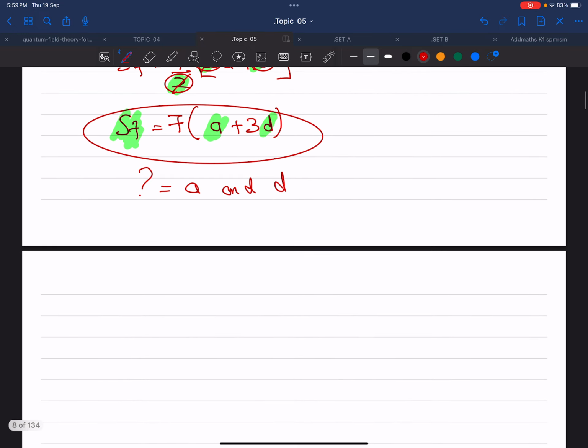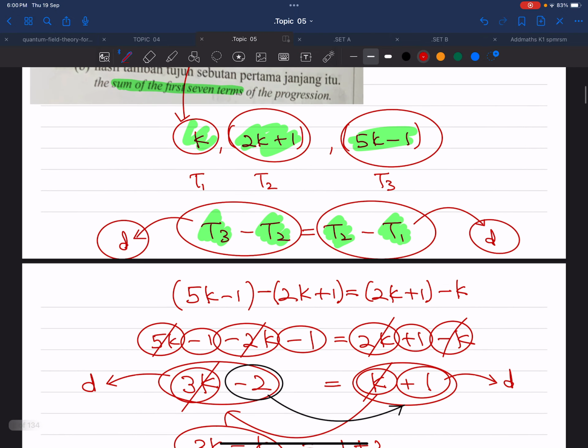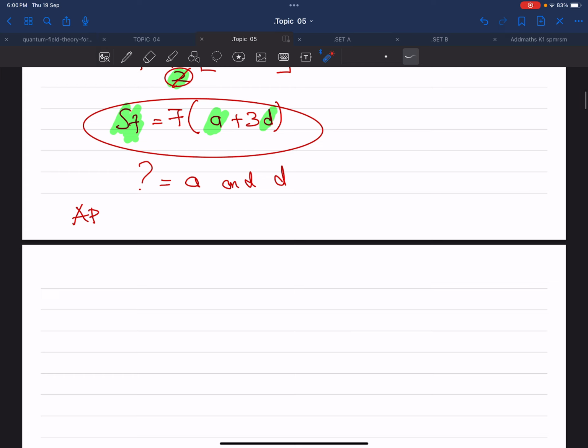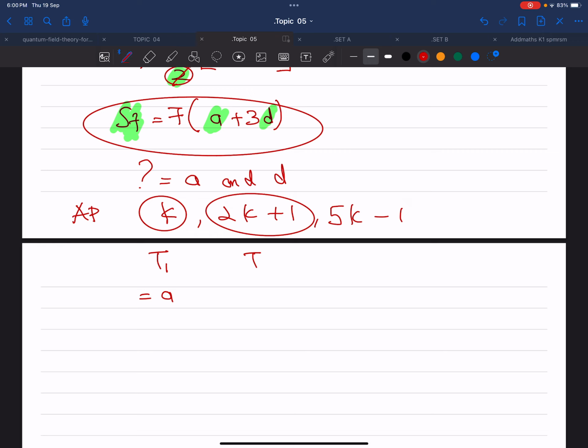We go back to our original AP, which was, if you look in the beginning, K, 2K plus 1, 5K minus 1. I'm going to copy it back. It was K, 2K plus 1, and 5K minus 1. This was the first term, T1, which is equal to A. This is the second term, T2.